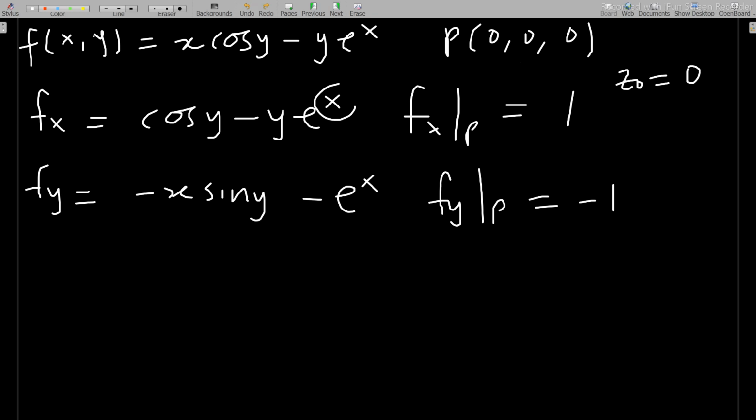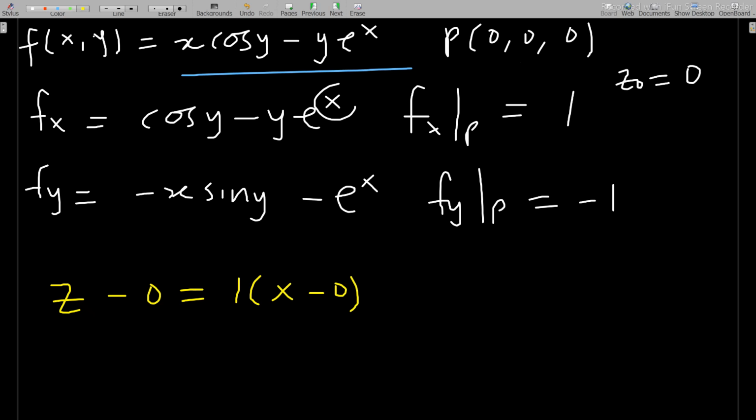So our tangent plane to this surface is given by z minus z naught, which is 0, equals f_x at P, which is 1, times x minus x naught, which is 0, plus f_y at P, which is -1, times y minus 0.